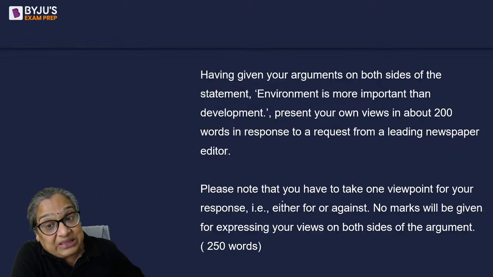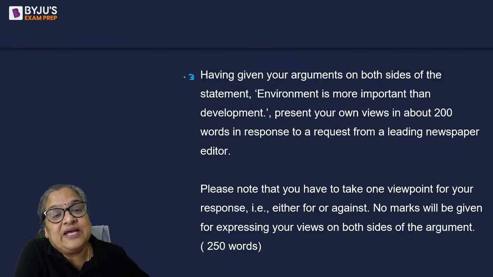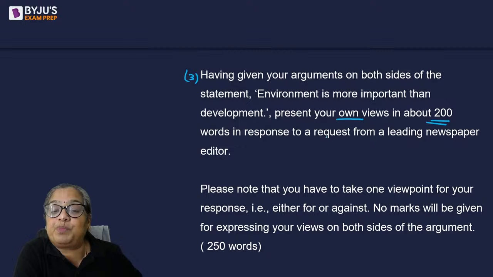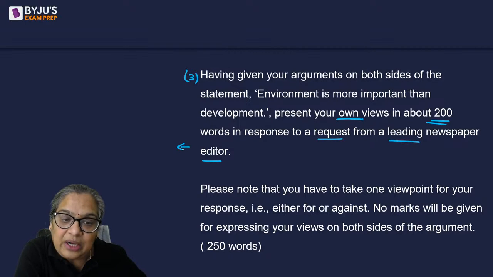All right. Now, the third question is where you have to give your own views in about 200 words in response to a request from a leading newspaper. So basically, your essay should look like a hard-hitting article in a newspaper.